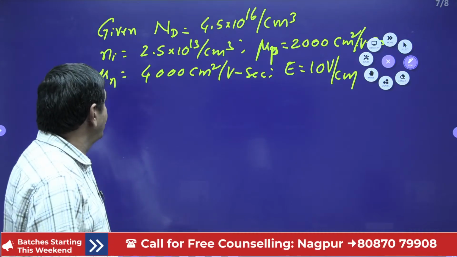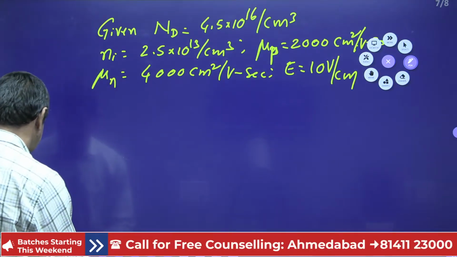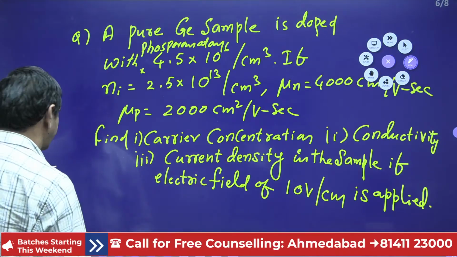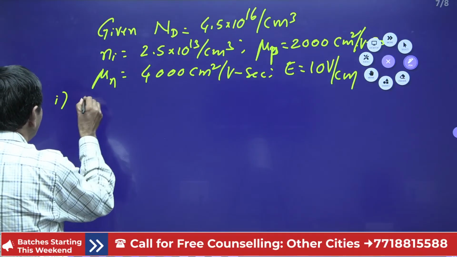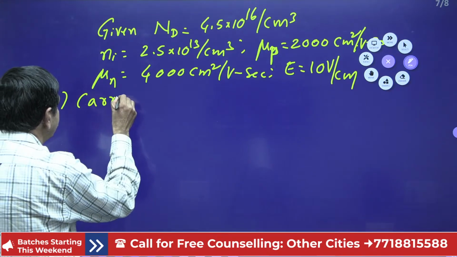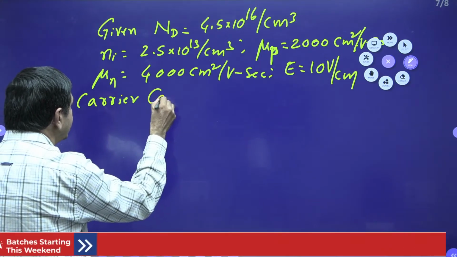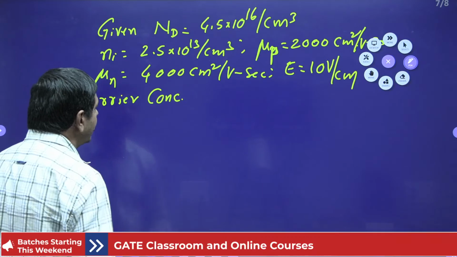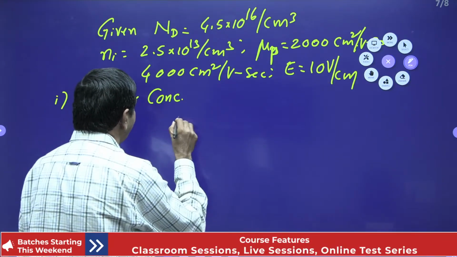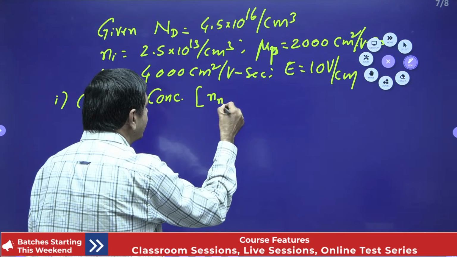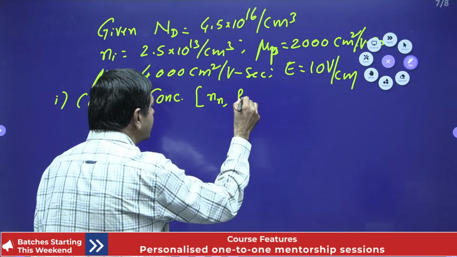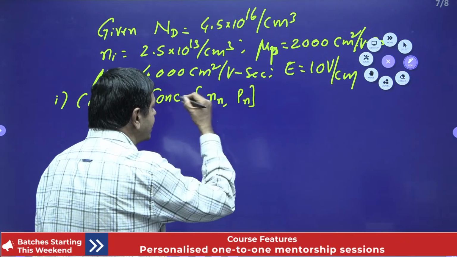Yes, initially the problem is asking to find the carrier concentration. The first question is the carrier concentration. I want the number of electrons and also the concentration of holes in the n-type extrinsic semiconductor.